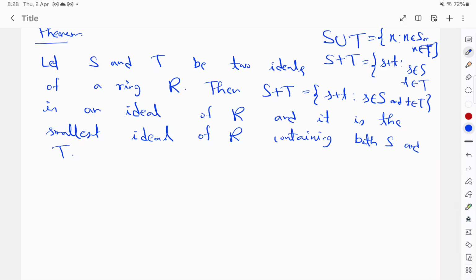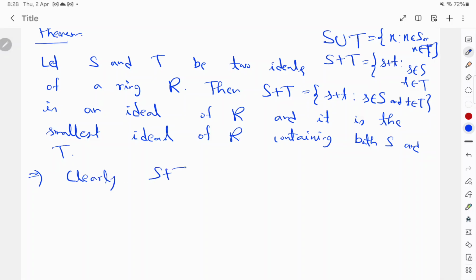So first you have to prove S plus T is an ideal, then you have to show that this is the smallest. Okay, so first we will show this is an ideal. So you see, obviously S and T are ideals, so 0 belongs to S, so from there you can say S plus T is non-empty.